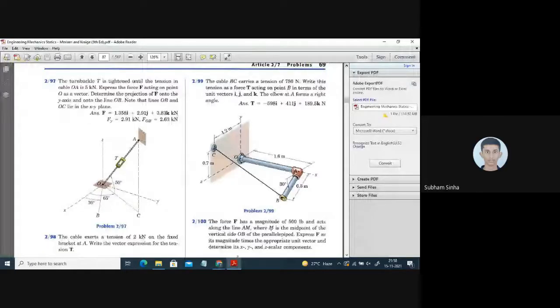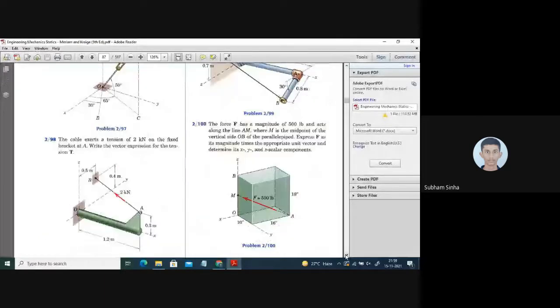So you can try this at your home and see what is the answer that you are getting. Look, is this clear? If not, you can ask. Is it clear to you? Or you can ask me if you are unable to understand or the things are not clearer for you.